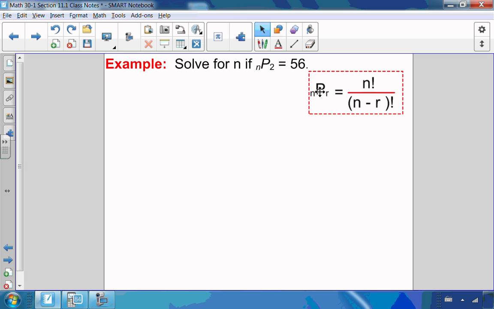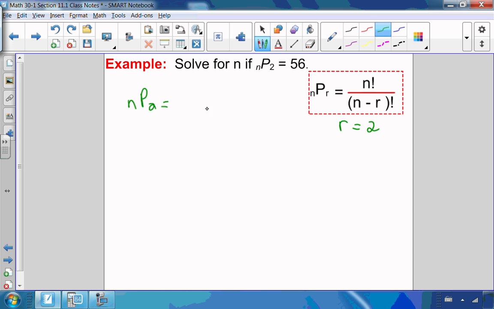Okay. So I'm going to use my formula nPr, and in this case r equals 2 and we're trying to solve for n. So nP2 equals 56. Using the formula, nP2 is n factorial over n minus 2 factorial, and that will equal 56.